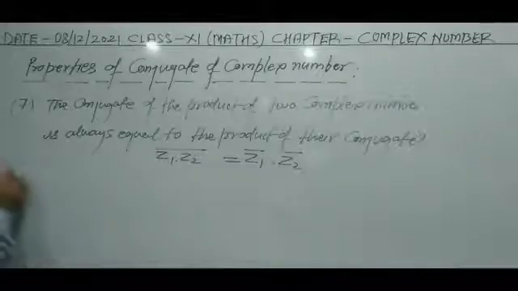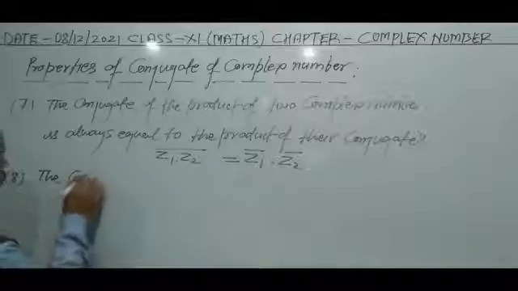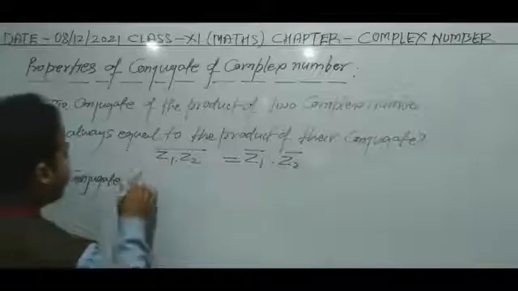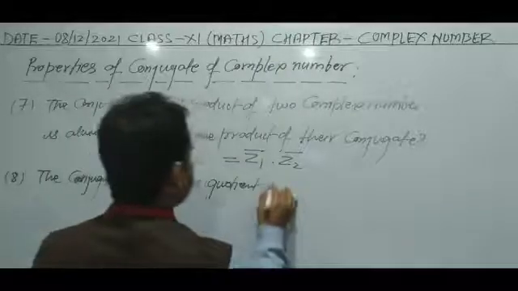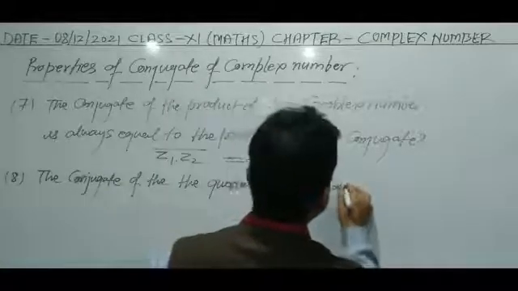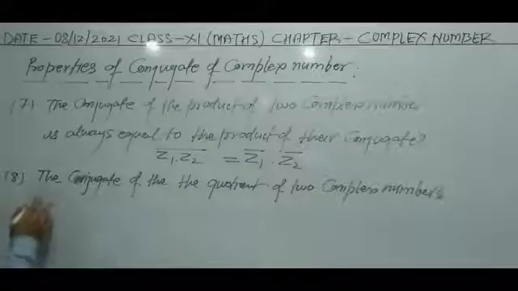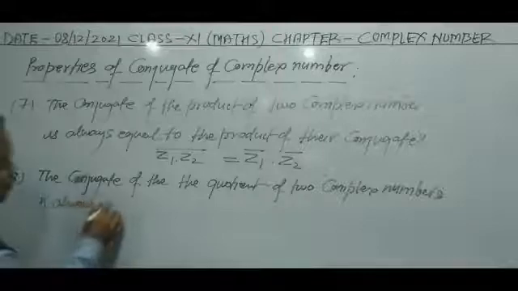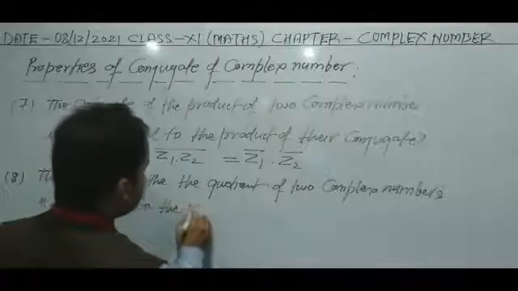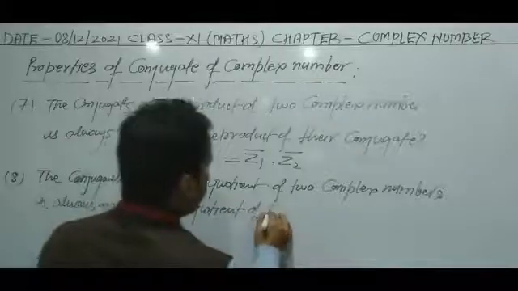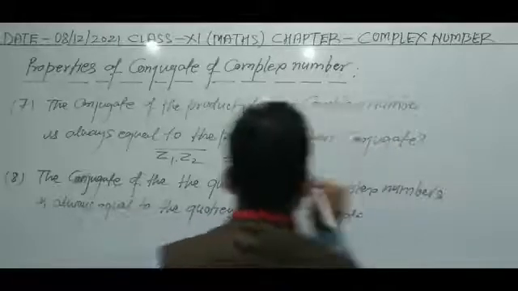Similarly, 8th is the conjugate of the quotient of two complex numbers is always equal to the quotient of their conjugates.